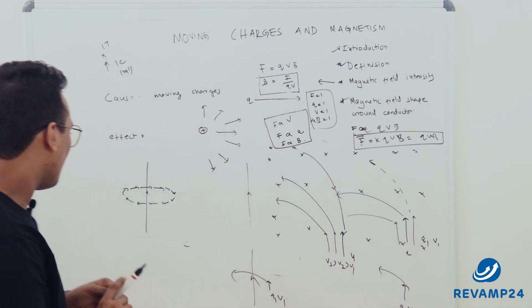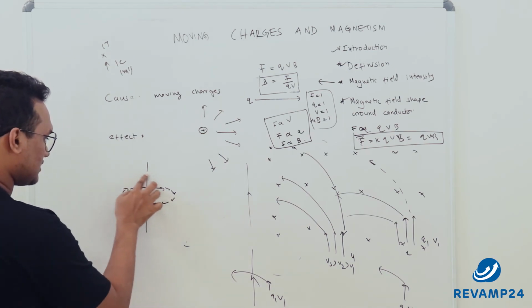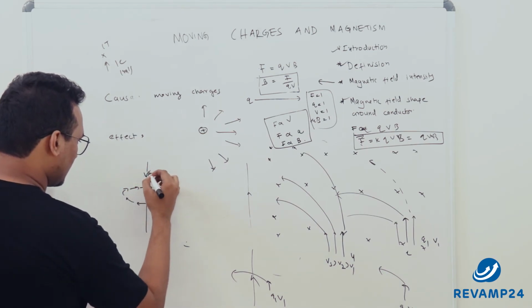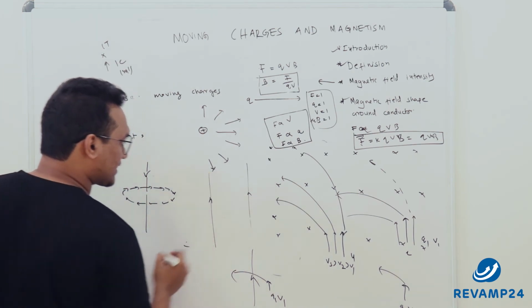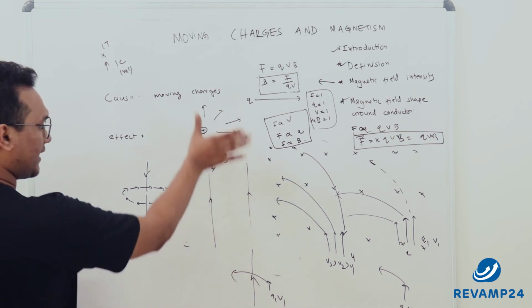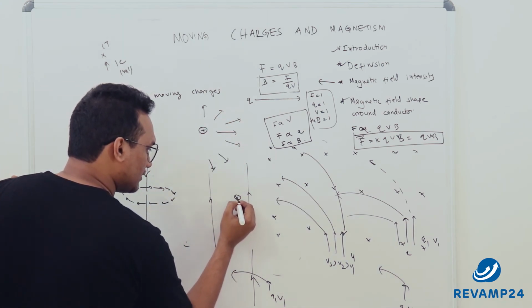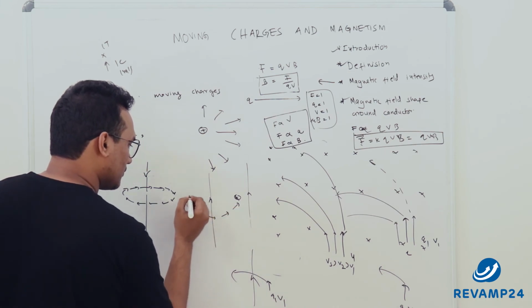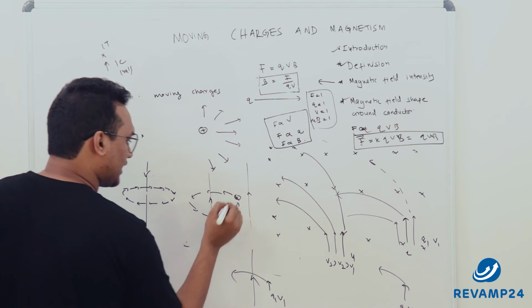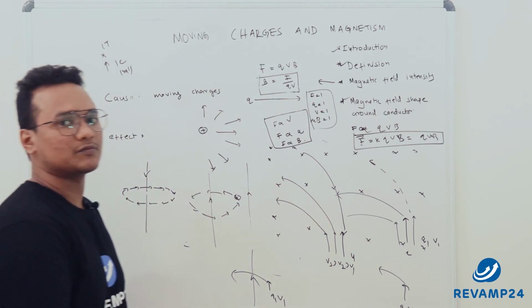So when the current is going in this direction, this is the case. Now when the current is going in the other direction, we have done the same experiment and we got that magnetic field is in this direction. Magnetic field reverses the direction when the direction of current has been changed.